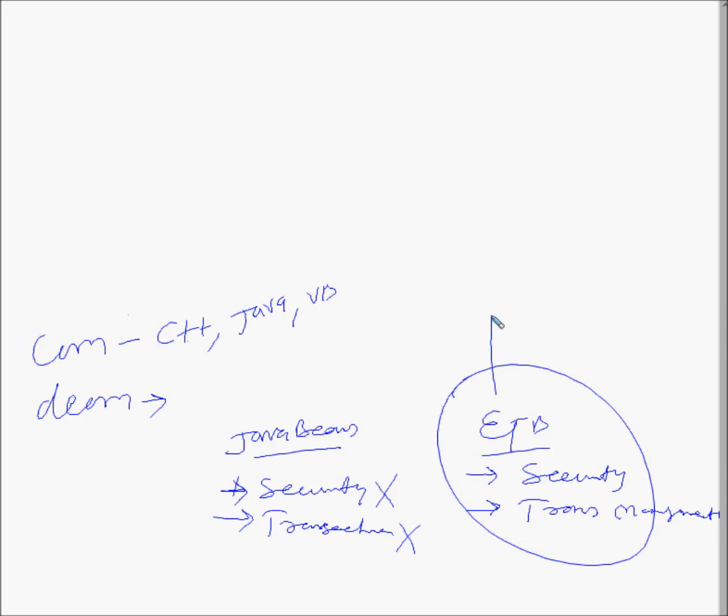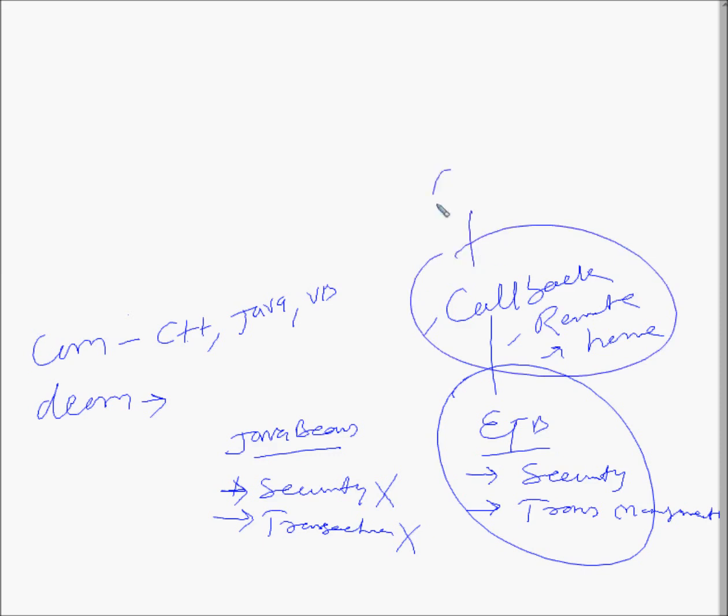It needs to call some remote interface, it needs to call some home interface, right? And these are the things which lead to complexity. So developing a distributed component using EJB is very complex.